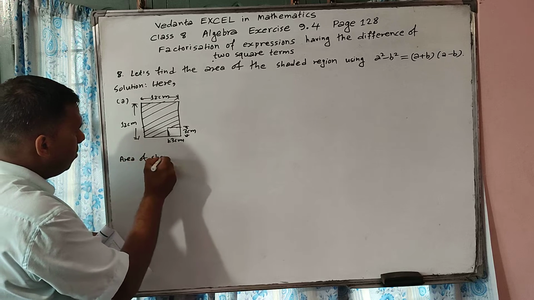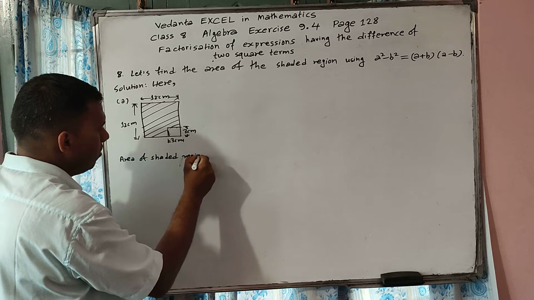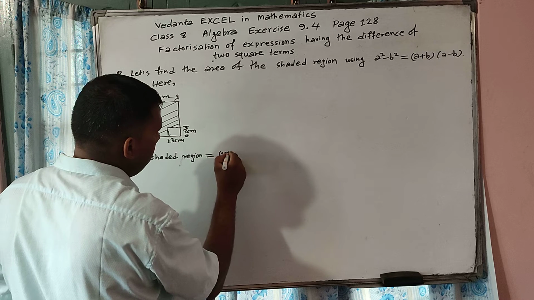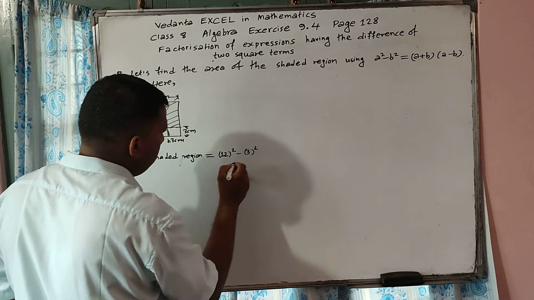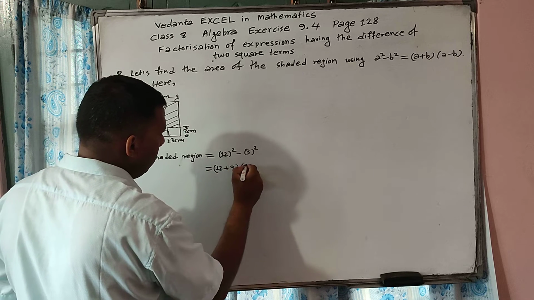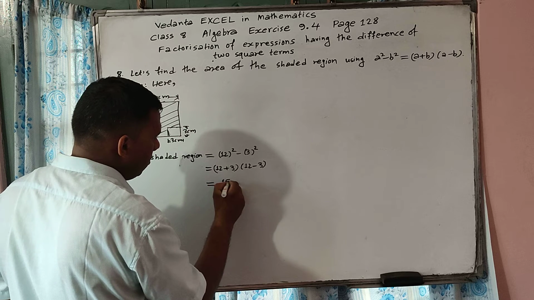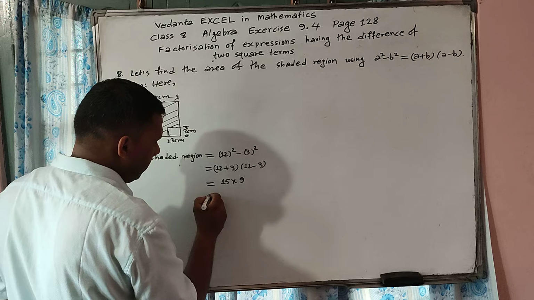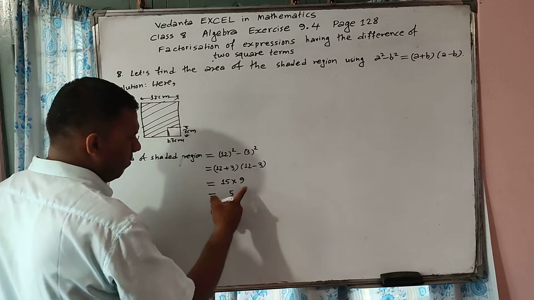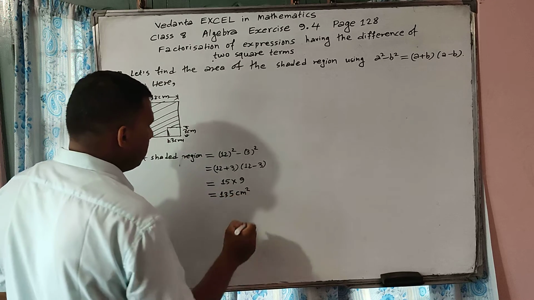Area of shaded region equal to 12 square minus 3 square. This equals 12 plus 3 into 12 minus 3, equal to 15 into 9, which is 135 centimeters square.